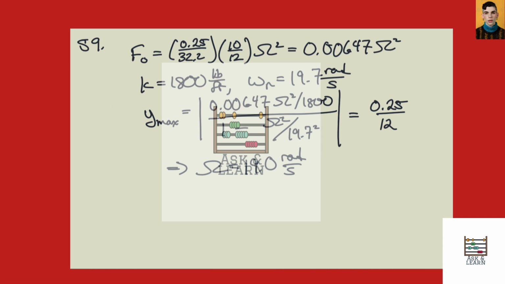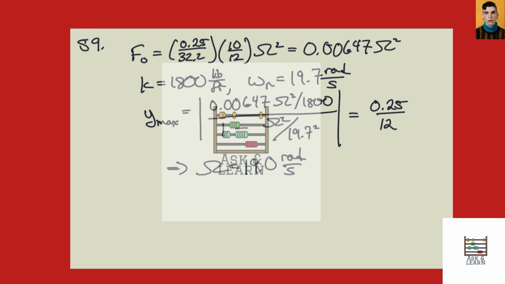Okay, let's see if that looks right. Yes. And so we want that to be equal to 0.25 divided by 12. And I want to solve that all for the natural frequency. Oh, not the natural frequency, the excitation frequency.